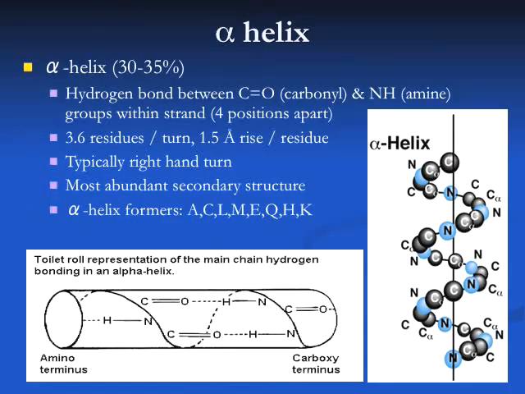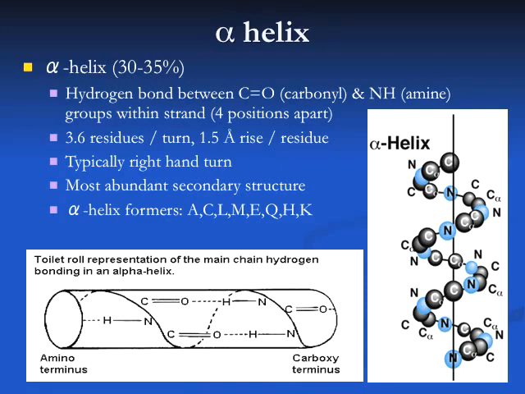Okay, real briefly, you should know something about secondary structures. Here is the classic toilet roll representation of main chain hydrogen bonding in an alpha helix. By the way, you should notice that there's an amino end and a carboxy end to these structures.